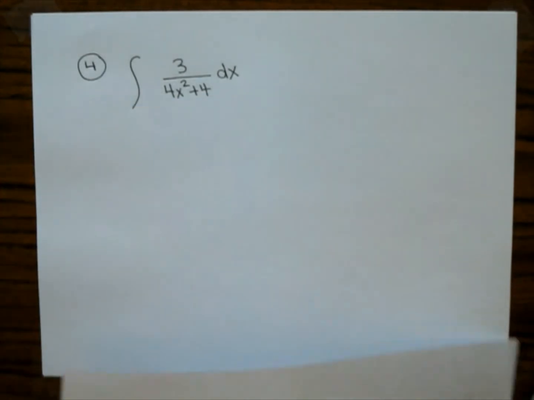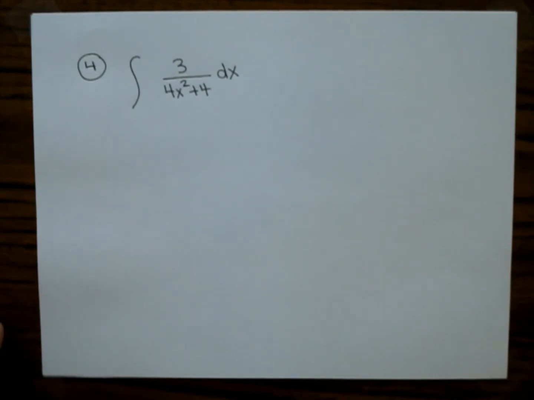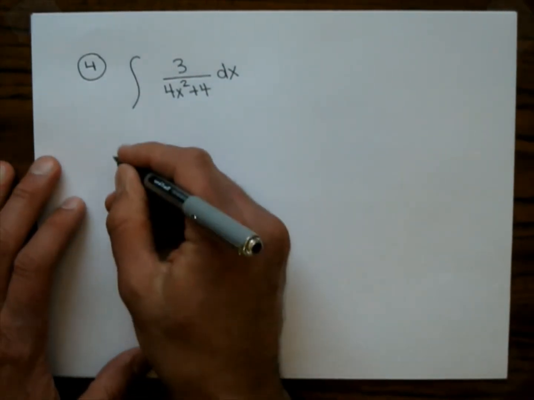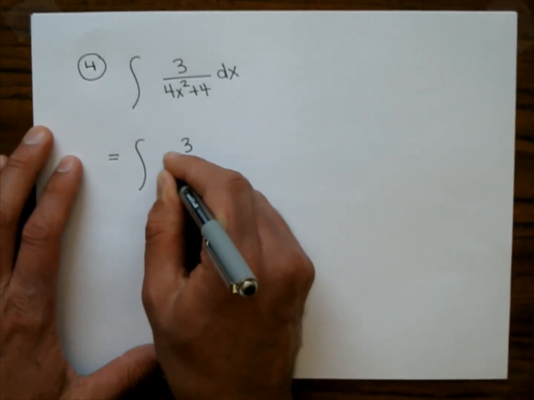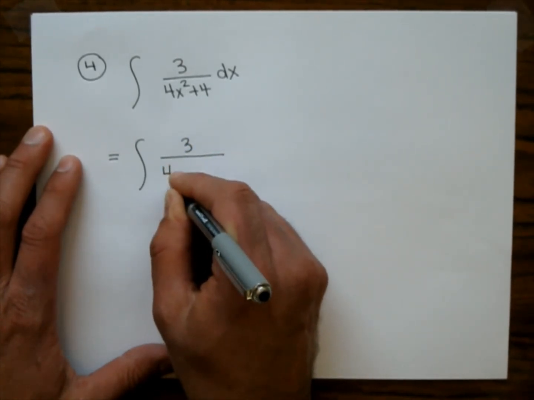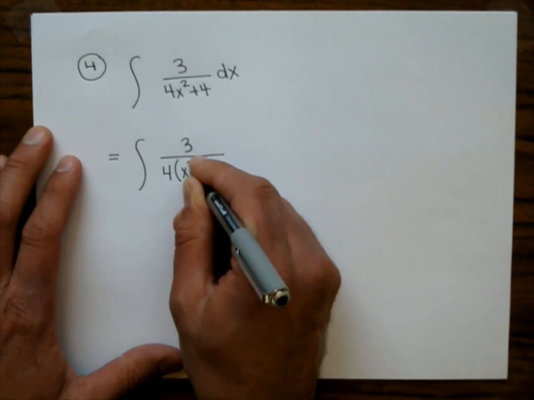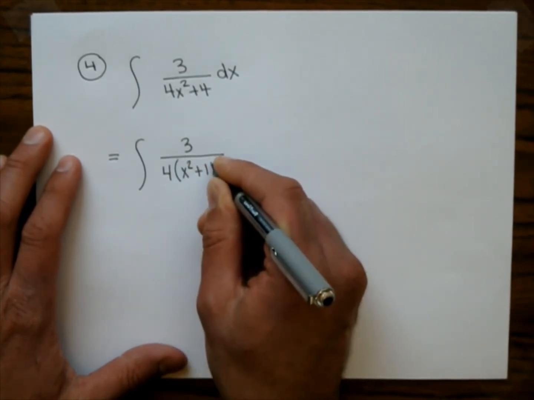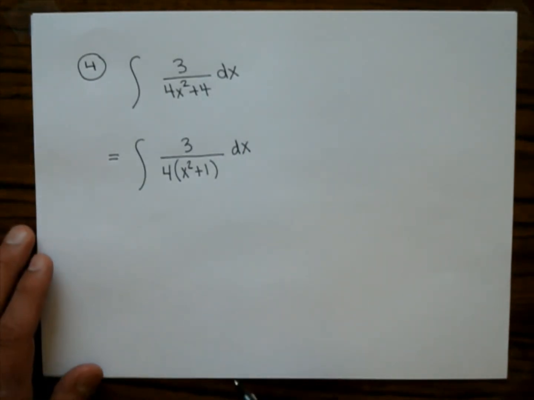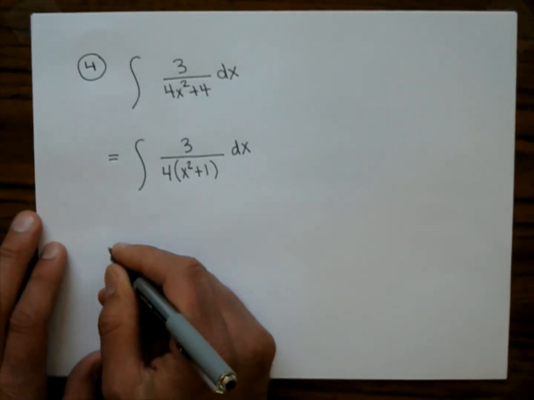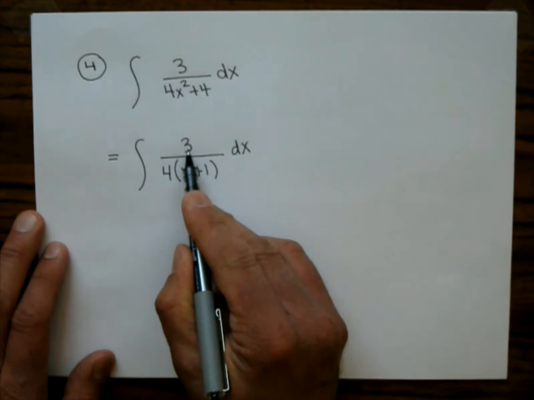So I'm going to do some algebra here, and we'll factor out maybe a 4 on the bottom. So look at this. We have a 3 over 4, and then we have an x squared plus 1. This is dx. Now here's something I'm going to show you. I don't know if they do this in this section or not, but you have a 3.